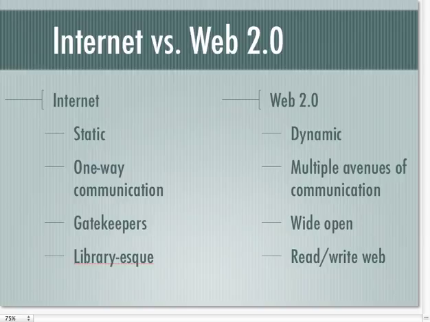There are multiple avenues of communication. It's not just one way. It's 2 ways, 3 ways, 4 ways, 5 ways, many, many ways. Compared to the small number of gatekeepers of the Internet, it's literally wide open. Web 2.0 is wide open with all of the different tools that are available. We could list a couple. 2 of them we'll talk about in the next 2 units, blogs and wikis.